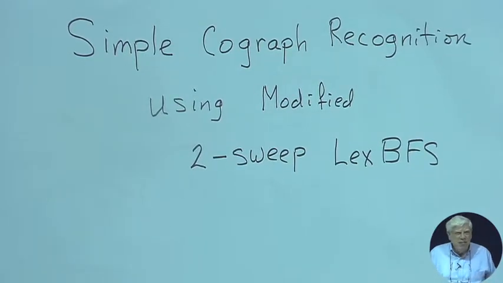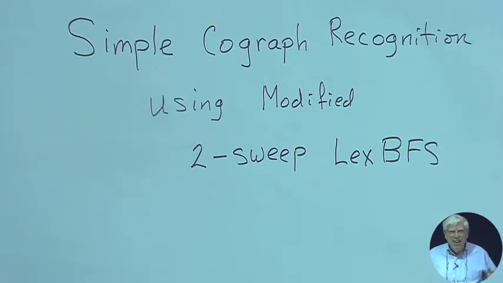He said, well, you know, this LexBFS has to be good for other things too. And so while he and Michel Habib and Christophe Paul had another algorithm for recognizing cographs in a linear manner, they said, well, let's see if we can do something with lexicographic breadth first search.